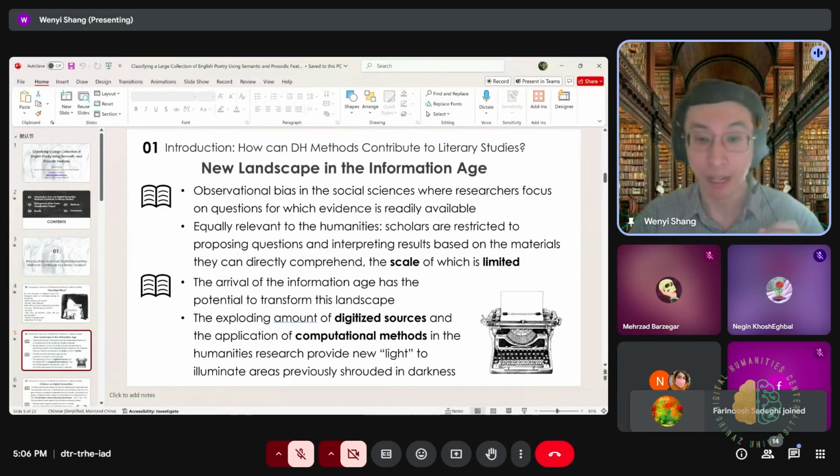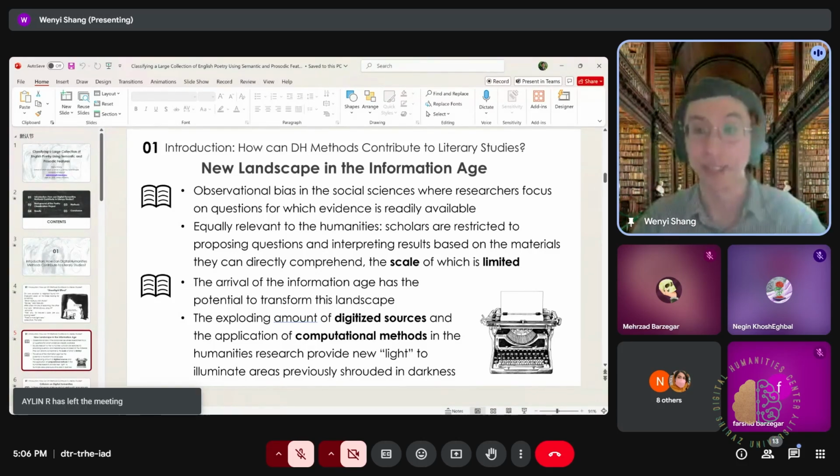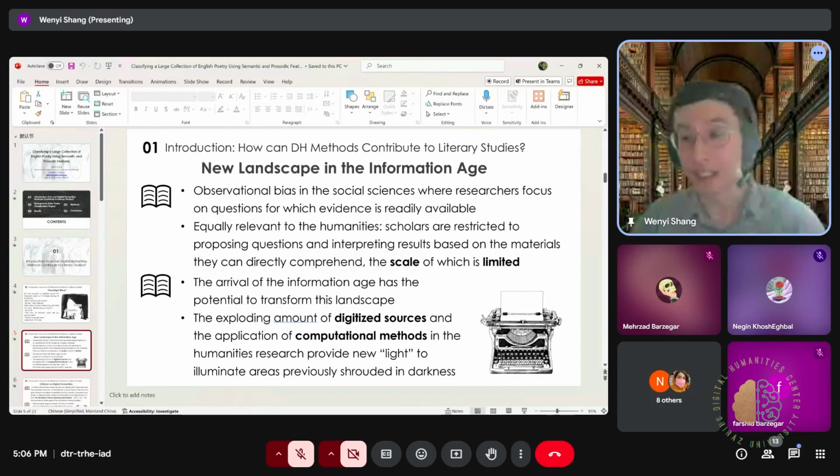It doesn't mean that we are able to investigate new questions for which no evidence is available; we're still limited to our evidence. But with digitized data, there is more such evidence. And with computational methods, we have new capabilities to investigate a larger scope of materials together. So this is why it is called the digital humanities and why it could change the landscape.